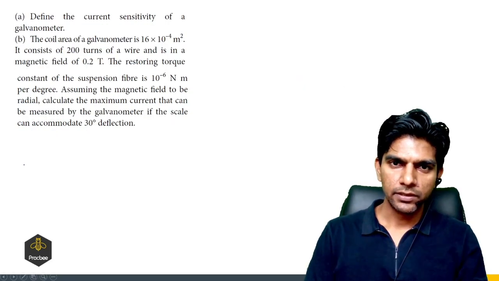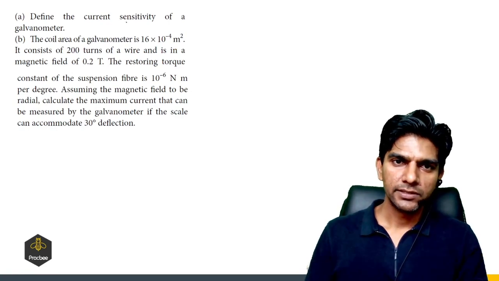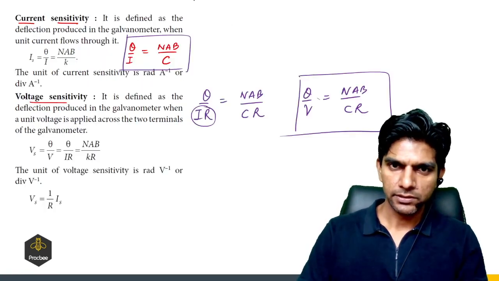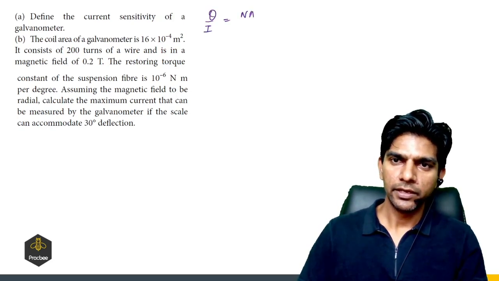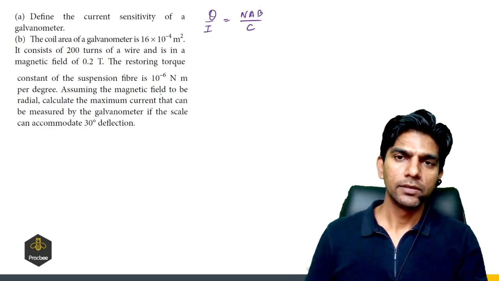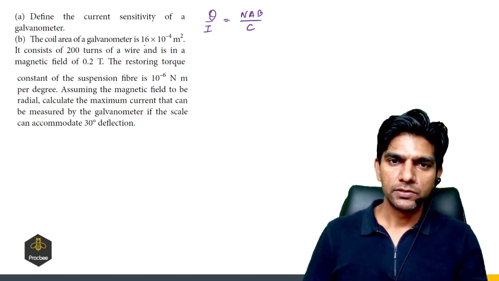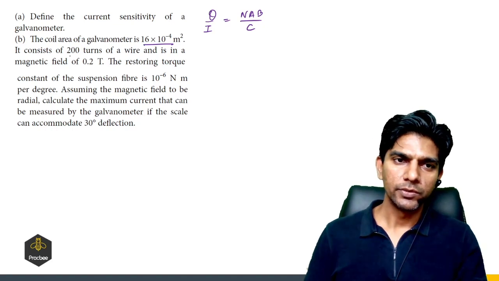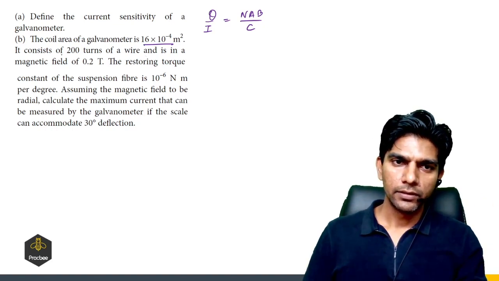Okay, now let us see the problems that can be formed from these formulas. Define the current sensitivity, which we've already seen. This is theta upon I, which is equal to NAB divided by C. The coil area of a galvanometer is 16 into 10 raised to power minus 4 square meter. It consists of 200 turns of wire and is in a magnetic field of 0.2 Tesla.